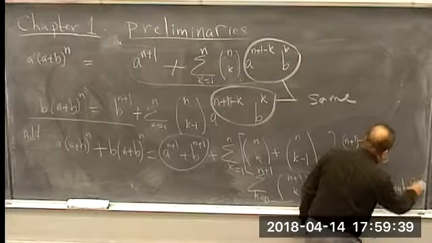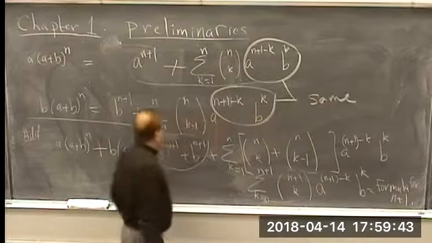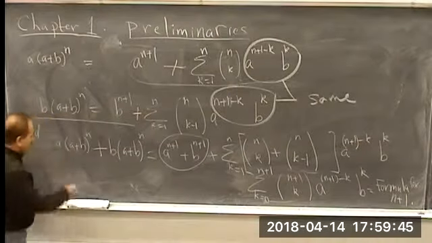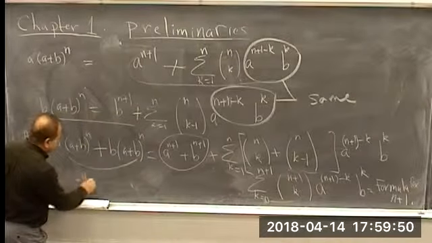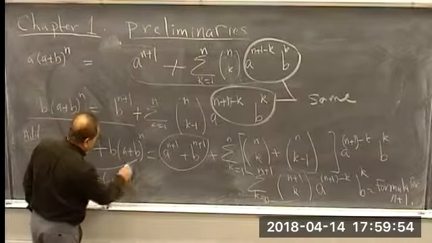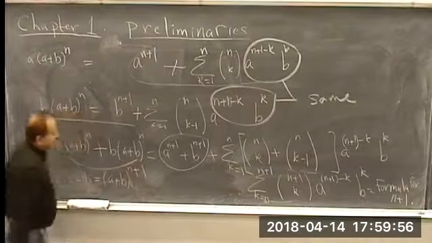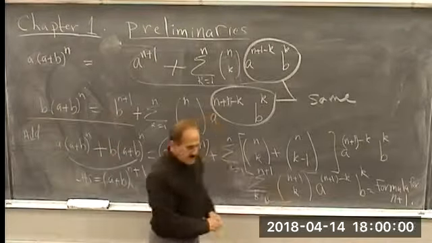And remember this is supposed to be the left-hand side for n plus 1, because you could write this back as this. So when we work this out, we found that we end up with the correct formula.